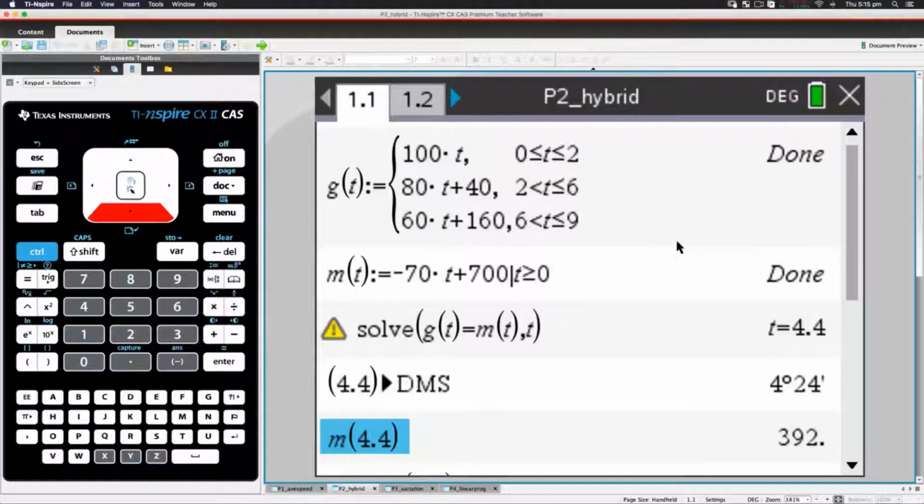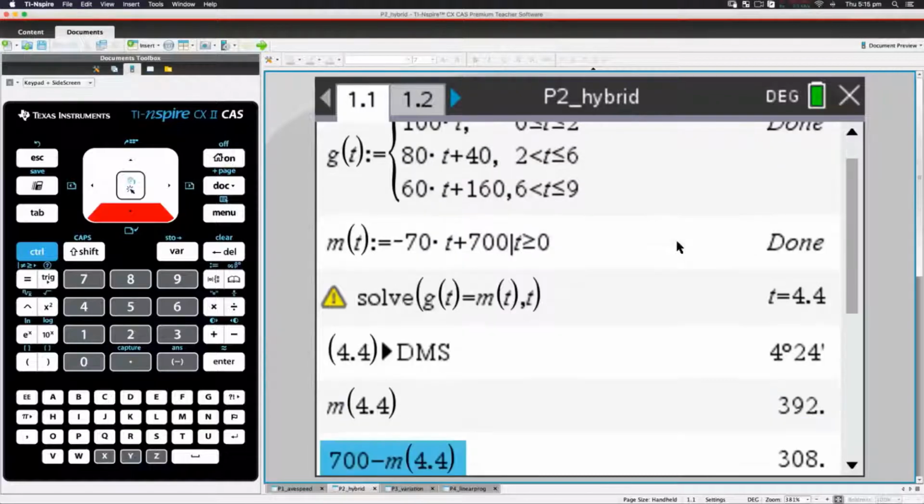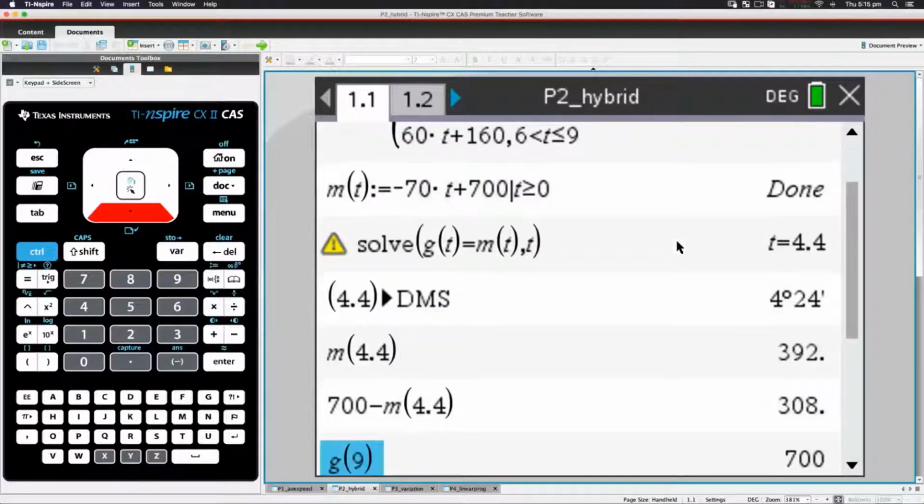So remember that in order to answer that correctly, you would have to subtract the 392 from the 700 metres of the total distance in order to get the answer of 308 metres. So he's walked 308 metres. And that was a question that a lot of students didn't get because of the subtleness of the way that question's worded. Okay, so that's part B.